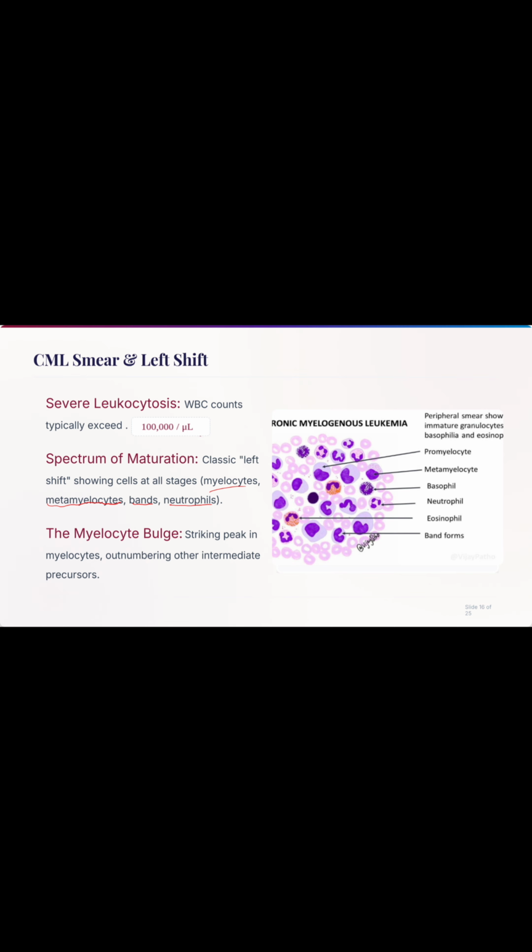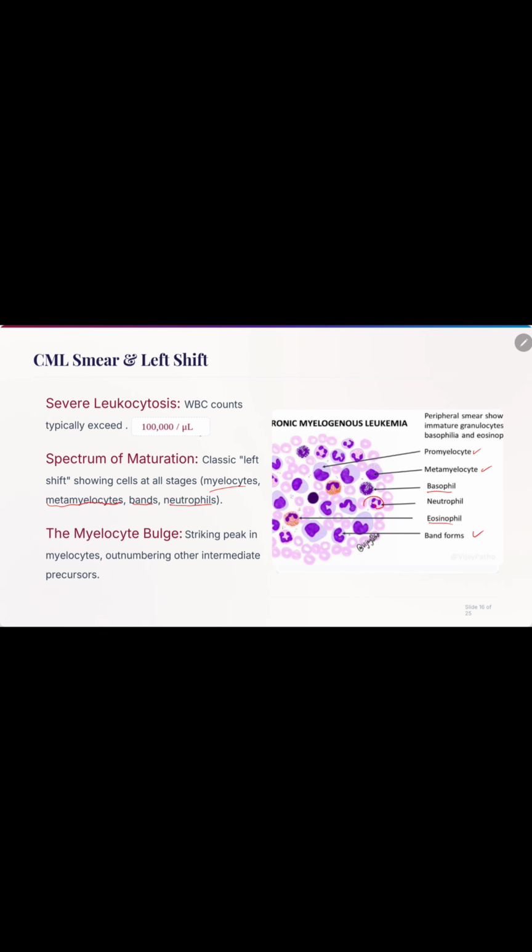Here in the peripheral smear, we can see immature granulocytes, basophilia and eosinophilia. These are the myeloid precursor cells, that is promyelocyte, metamyelocytes and the band forms. We can also see basophils and eosinophils as a result of basophilia and eosinophilia.